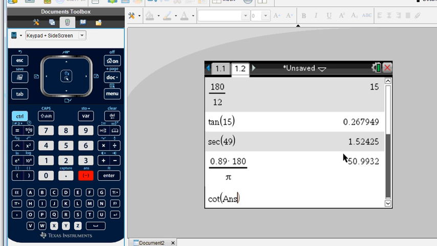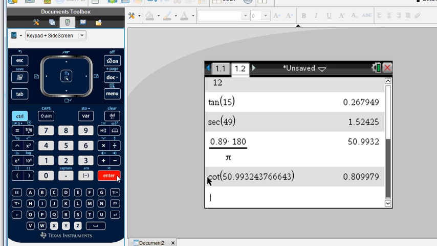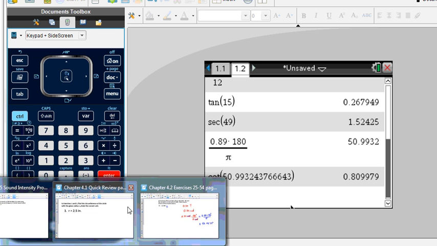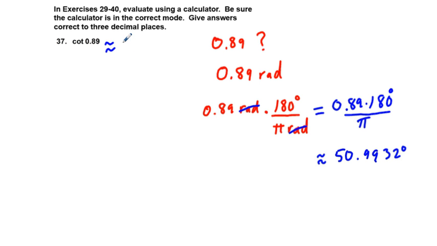That gives us the last number calculated, which in this case is 50.9932. Press Enter. And you see, as the thing is worked out, it has more decimal places than 50.9932, so a more exact answer. But rounding to 3 decimal places, we're going to have 0.810.